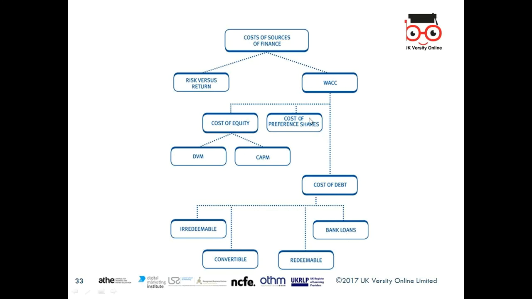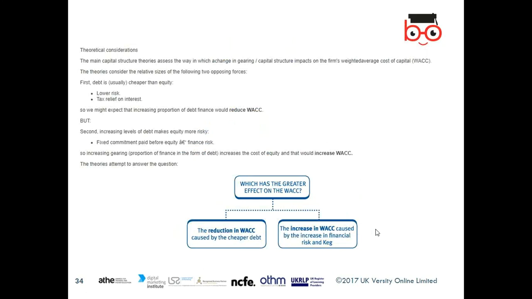We look at the cost of preference shares as well, which normally comes under debt financing. For the cost of debt, we can look at irredeemable, convertible, redeemable, and bank loans. These all come under the cost of debt. So how much is the company's cost of debt? We look at different theories.